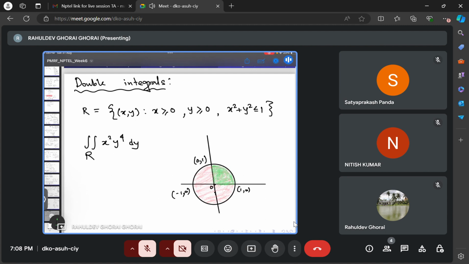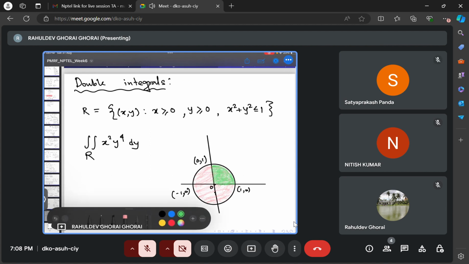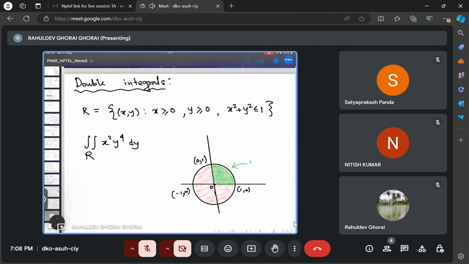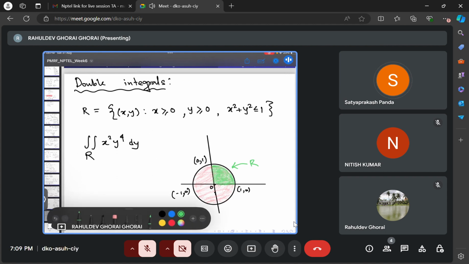Do you see the region? Can you see my drawing? This will be your region R, not the whole thing. Only the green region will be R. Do you understand? Up to that is fine. Yes, sir.